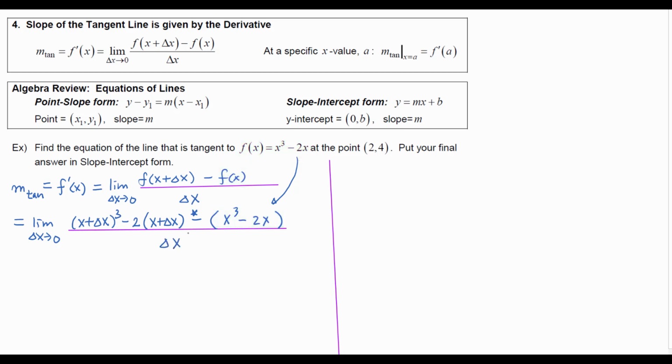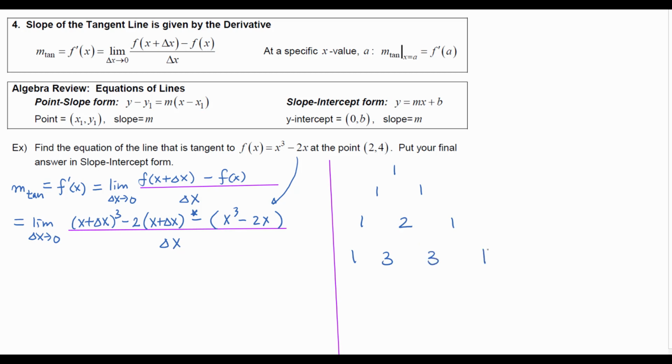over delta x. All right, now you could either use Pascal's triangle, or you could use the binomial theorem, or you could memorize how to expand a plus b to the third power. But I'm going to use Pascal's triangle really quick. So that will be 1, 1, 1, 1, 2, 1, 1, 3, 3, 1.